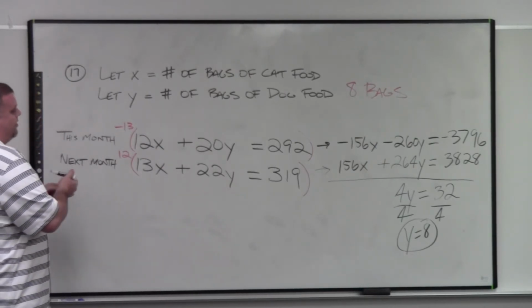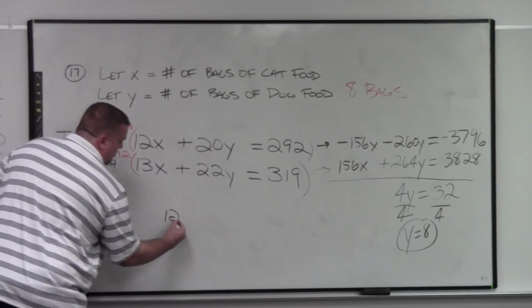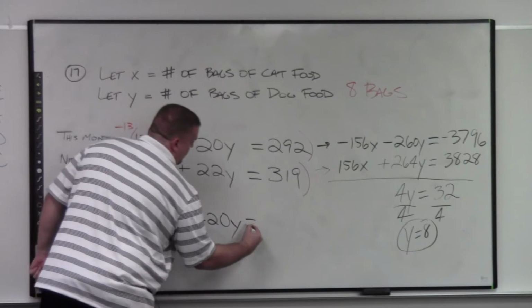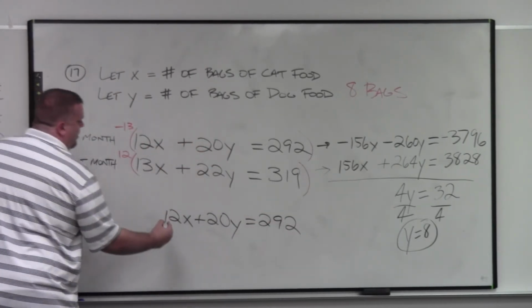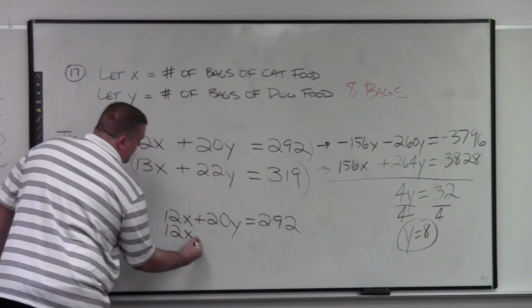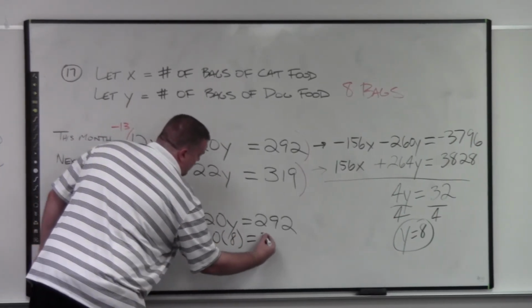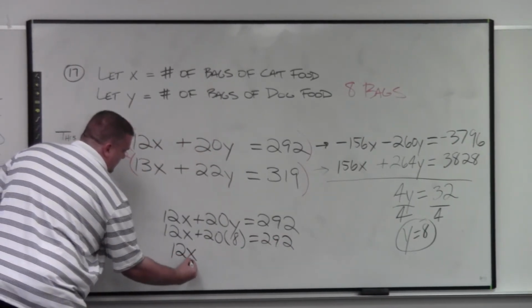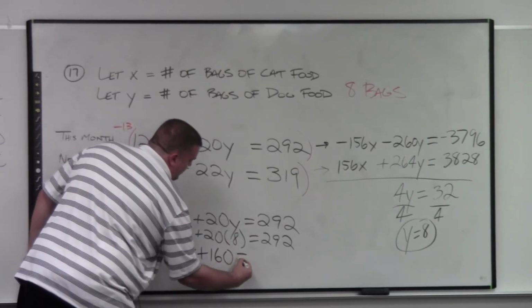Let's say I use that first equation, the 12x plus 20y equals 292. We're going to take that 8, plug it in for y. 20 times 8 will give 160.